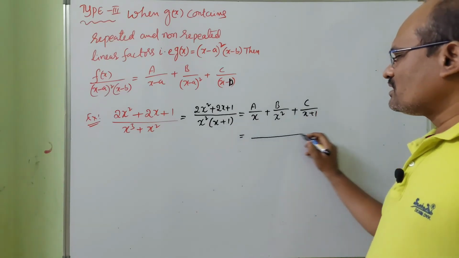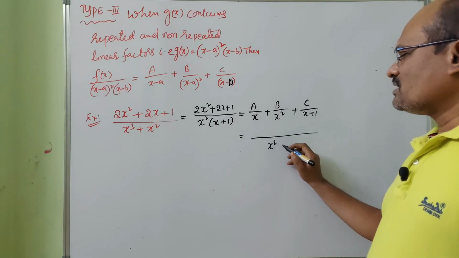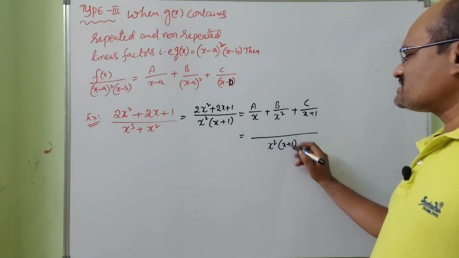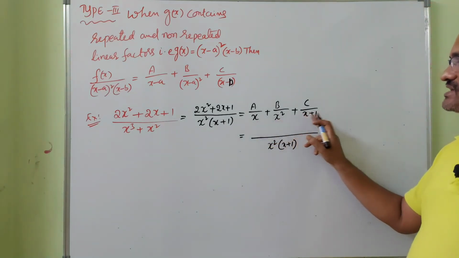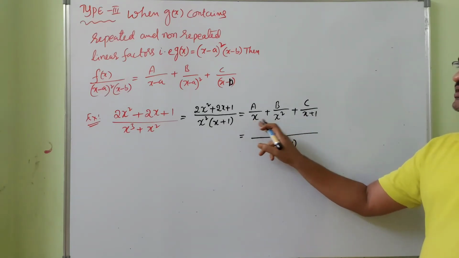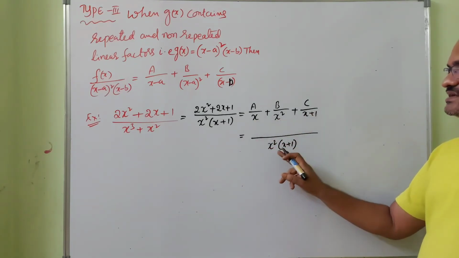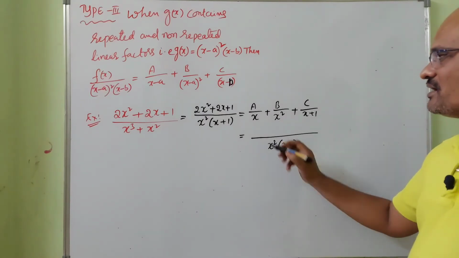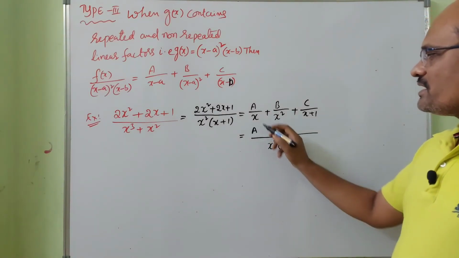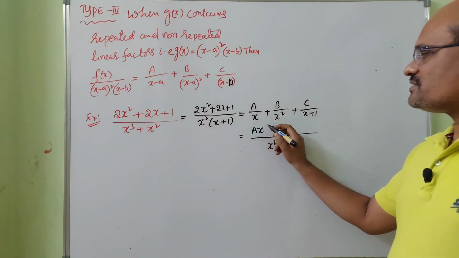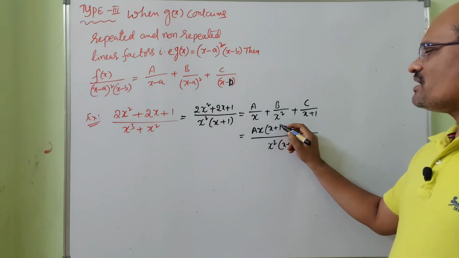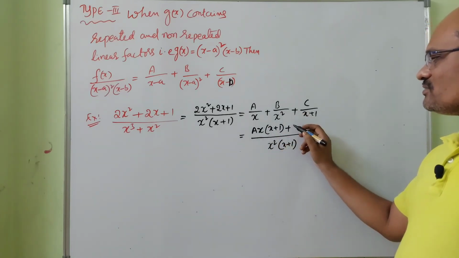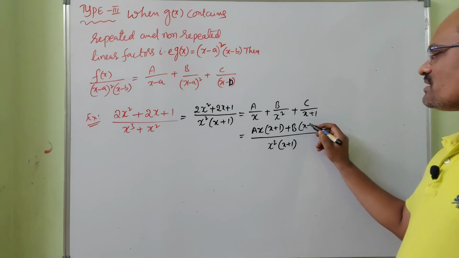Now as usual take LCM. The LCM is x square into x plus 1. For the first term, one x cancels, and you will get A into x into x plus 1. For the second, x square gets cancelled, and you will get B into x plus 1.